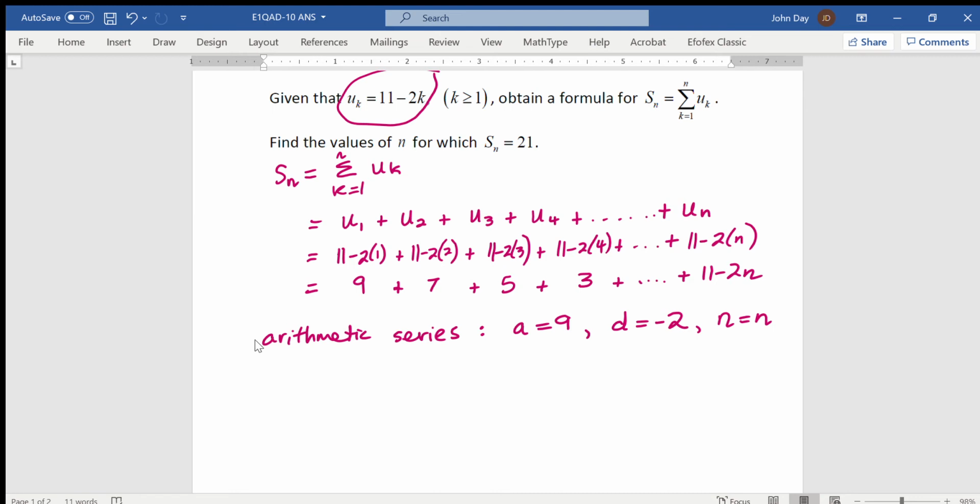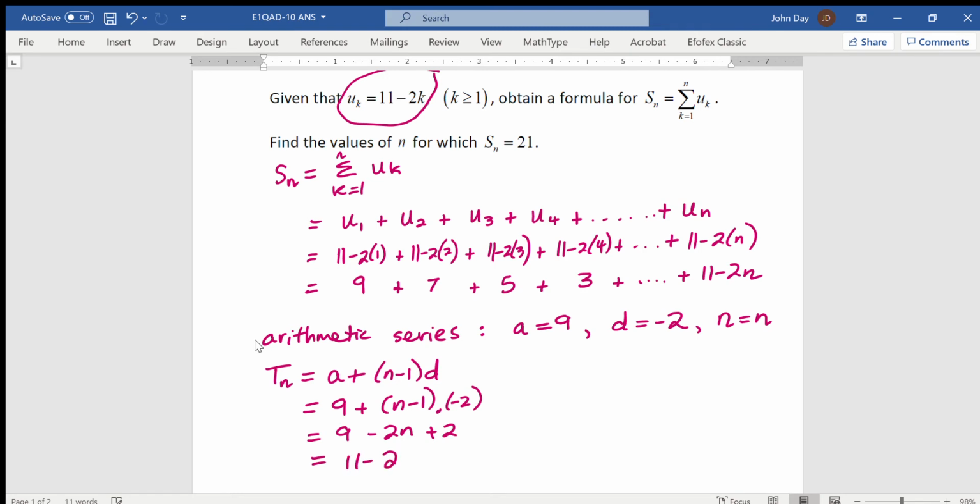Normally you would say that the nth term of an arithmetic series is a plus (n minus 1)d. So in this case it's 9 plus (n minus 1) times minus 2. That's 9, and then minus 2n, and then plus 2, which is 11 minus 2n, right?